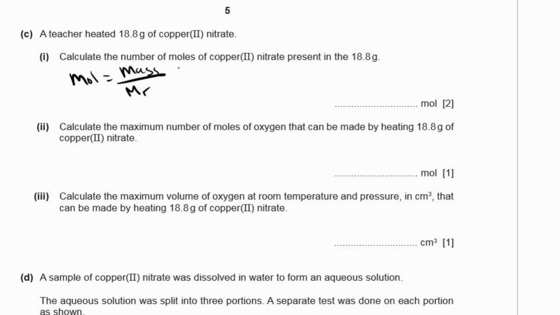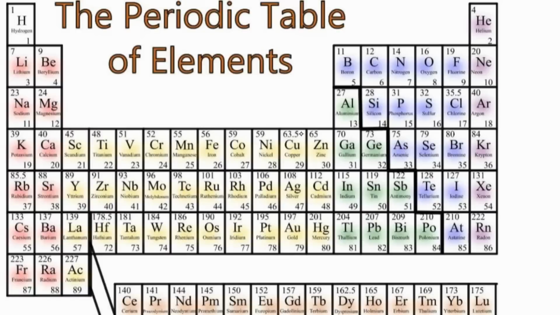Now we have 18.8 grams divided by the mass of copper(II) nitrate, Cu(NO3)2. So we need to find the mass of copper, nitrogen, and oxygen. The mass of copper is 63.5. The mass of nitrogen is 14, and the mass of oxygen is 16.